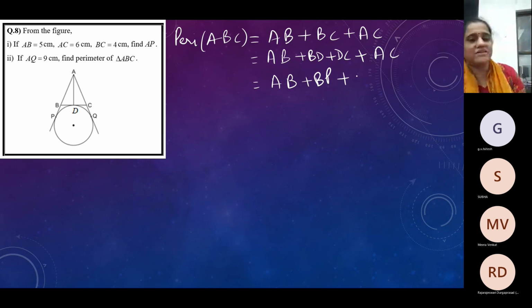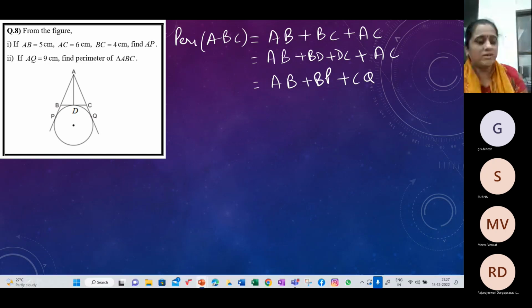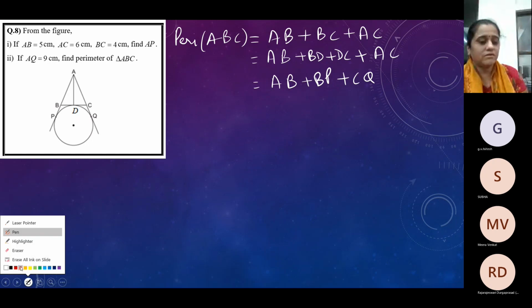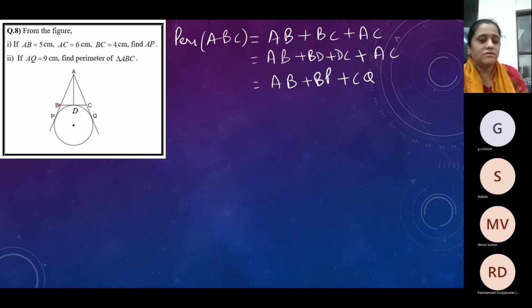CD is equal to CQ. Tangents from the same external point of the circle are equal, because BP is equal to BD. These two are equal. Here, external point B: BP is equal to BD, and this one is equal to this one. These two are equal.